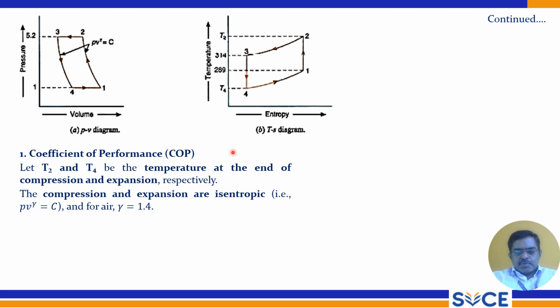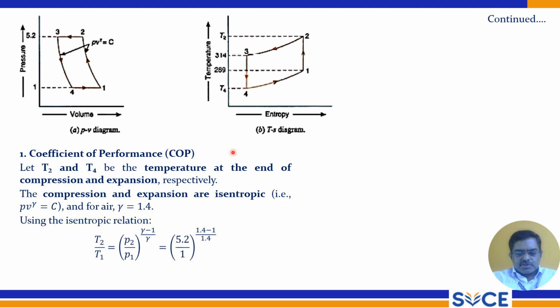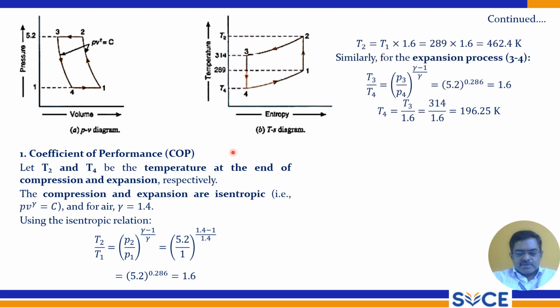So that is PV power gamma equal to C, and for air gamma is equal to 1.4. So please remember these values, students, 1.4, and using the isentropic relation T2 by T1 equal to P2 by P1 to the power gamma minus 1 divided by gamma, equal to 5.2 divided by 1, that is to power 1.4 minus 1 divided by 1.4. So this is the ratio T2 by T1, and it is 1.6.